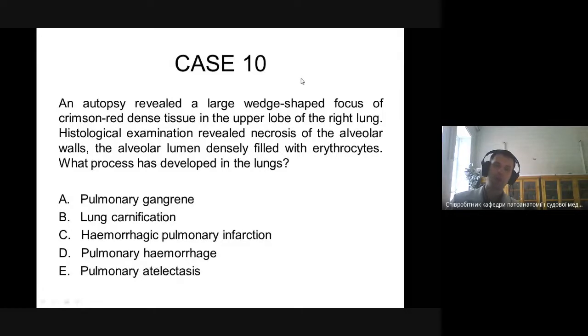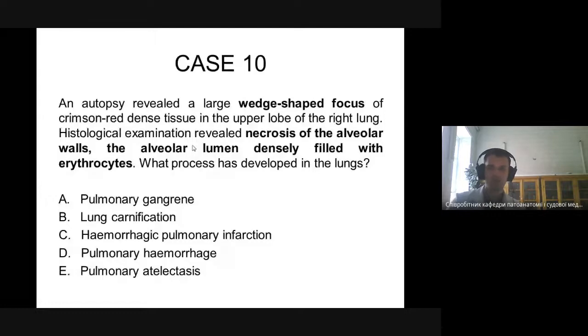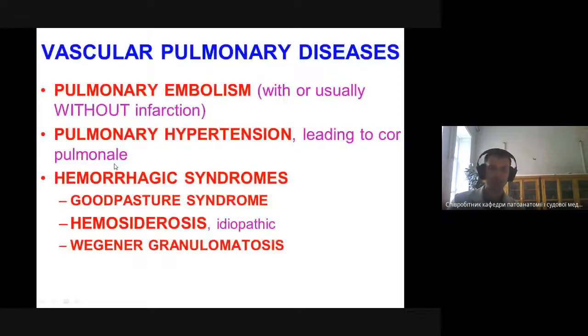So that was infarction, the focus, the shape of which is explained by the architecture of lung tissue. You see the cells died because of the blockage of blood flow, with hemorrhagic infiltration of lung tissue.